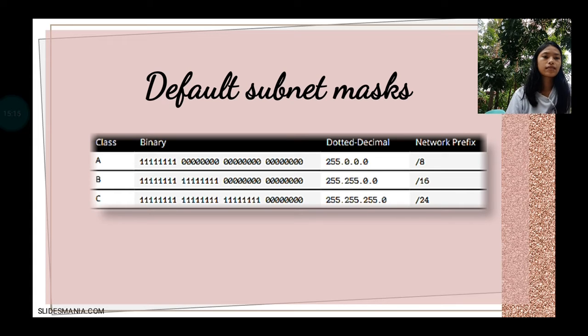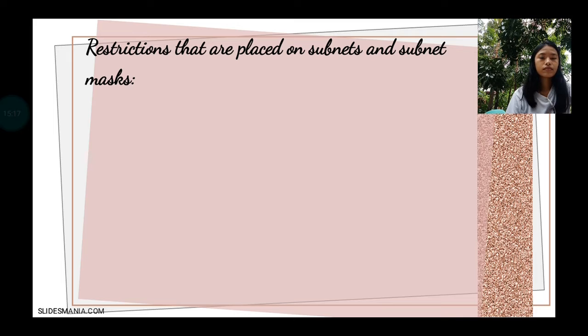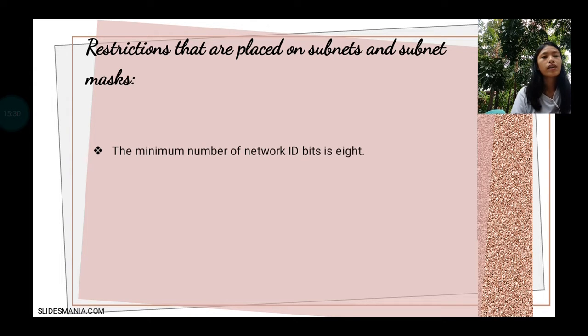So next, in subnets and subnet masks, we also have restrictions that have been placed. Here, the minimum number of network ID bits is 8. As a result, the first octet of a subnet mask is always 255.